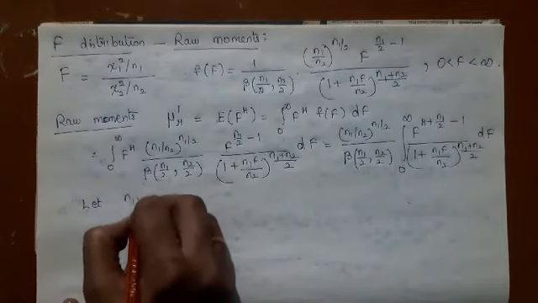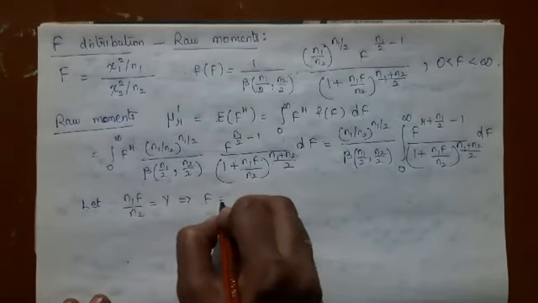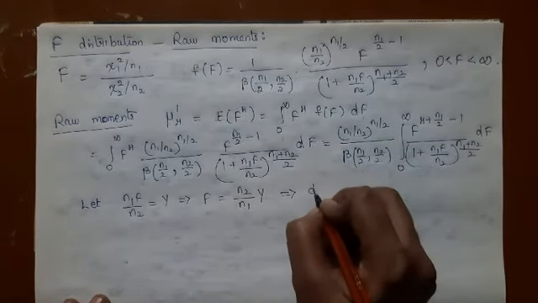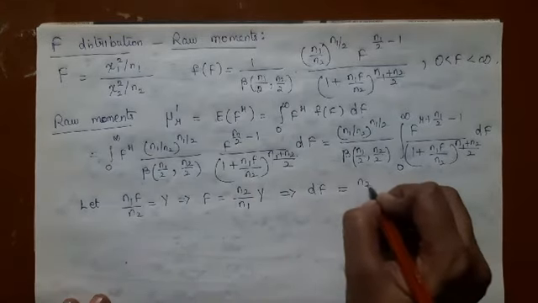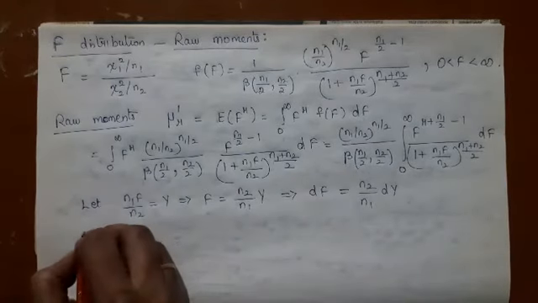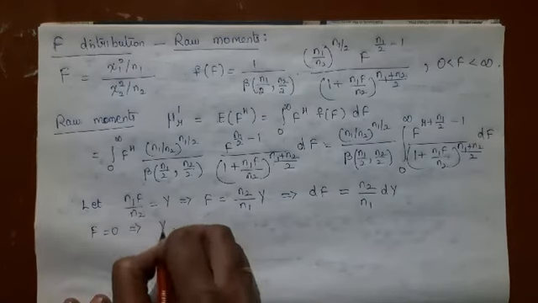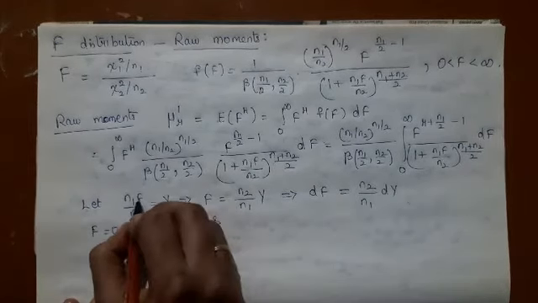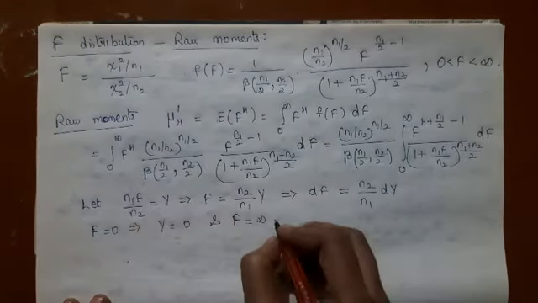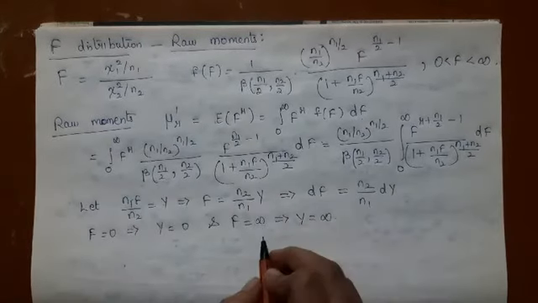Let n1 f/n2 be equal to y, which implies f is equal to (n2/n1) y, which again implies df is equal to (n2/n1) dy. We have changed the differential element. Let us go for limits. F equal to 0 implies y equal to 0, and f equal to infinity implies y equal to infinity. So we have changed the differential element and the limits.